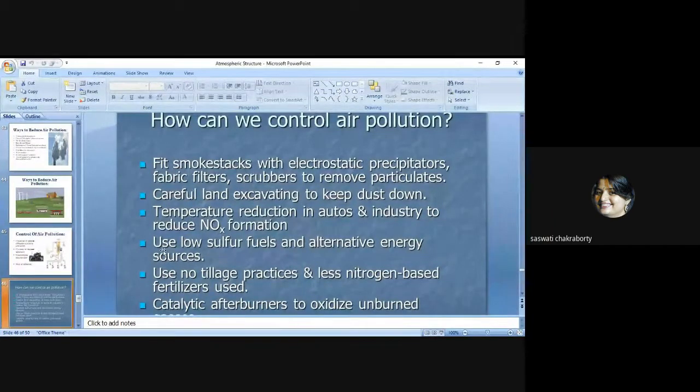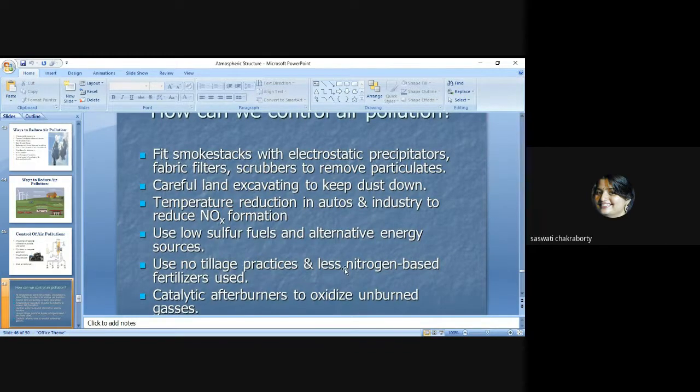Use low sulfur fuels and alternative energy sources. Alternative energy sources are solar radiation panels, right? Use no tillage practice and less nitrogen based fertilizers. Of course, less nitrogen based fertilizer, because we have been so busy discussing urban air pollution that we didn't shed light on the pollution happening in rural areas.